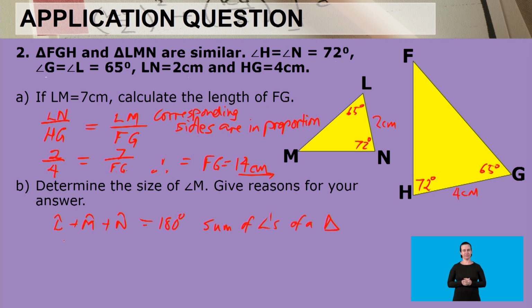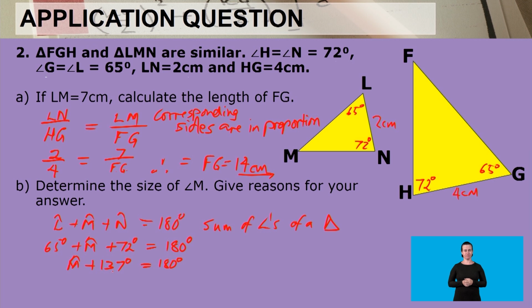Therefore, if L is 65 and M is unknown, but N is 72 degrees, and they are equal to 180 degrees, then 65 plus 72 would give us 137. So angle M plus 137 degrees would be equal to 180 degrees.